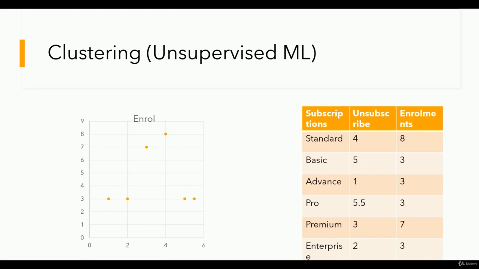For the basic, I have 5 unsubscribers and 3 enrollments, and so on. I have plotted all these values on the graph. After plotting the values, we're going to analyze this.